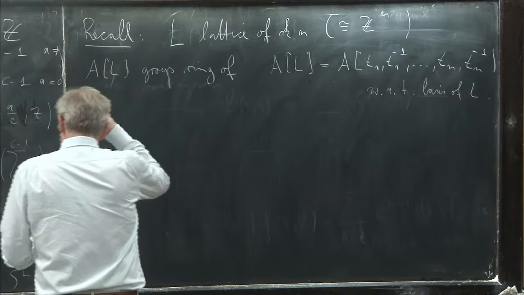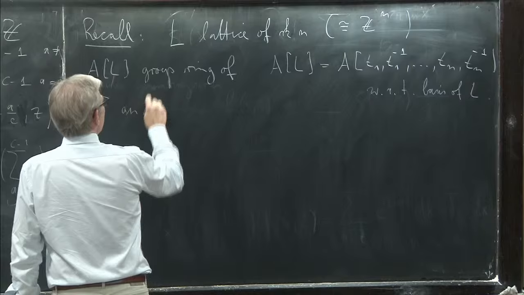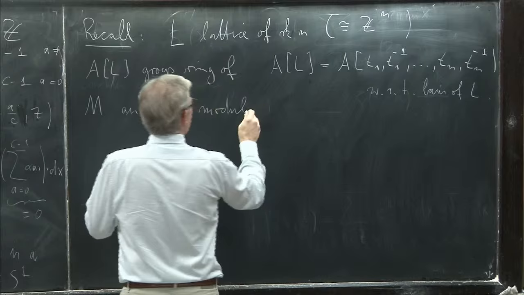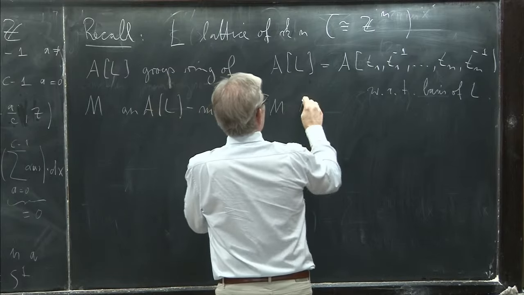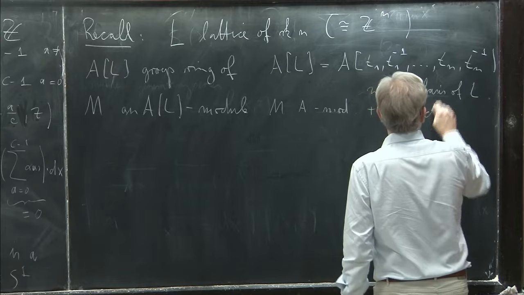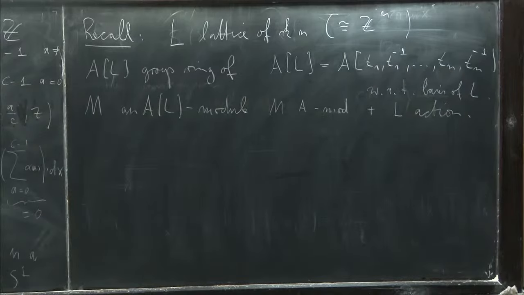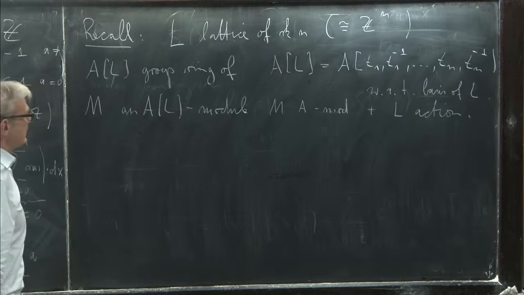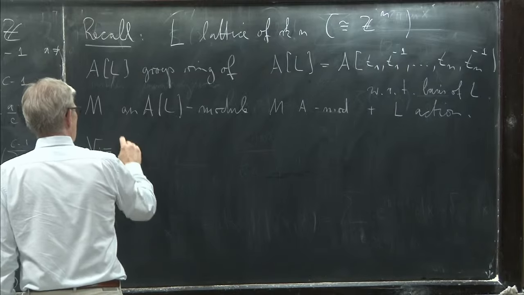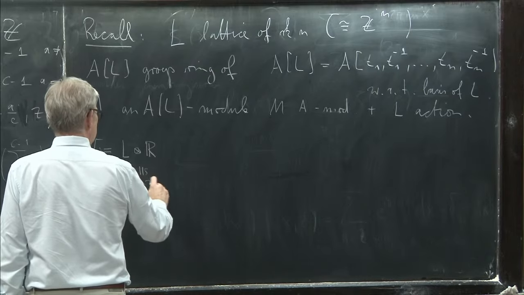Then let's consider M an A[L] module. This means M is an A module together with an action of L. If I have such a thing, I want to build a local system, and for that, let V be L tensor R. This is an R^n vector space.